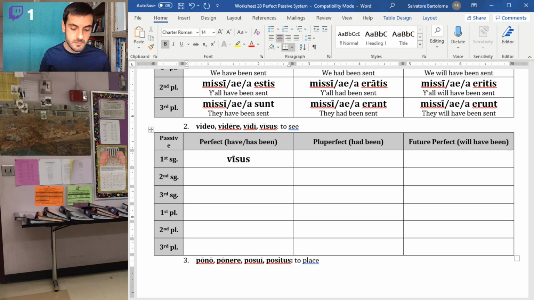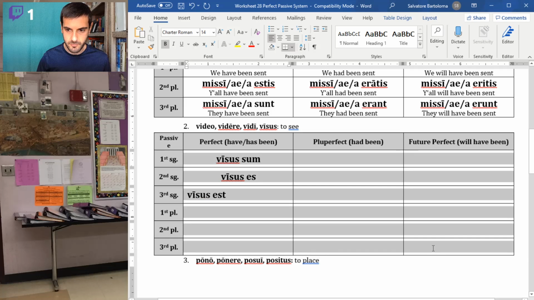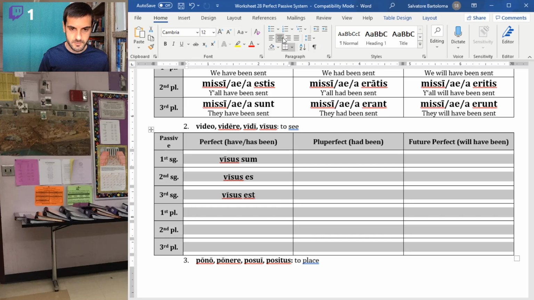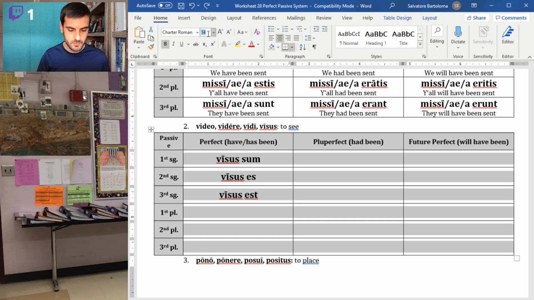I'm going to keep it masculine, so visus, and I'm going to pair it with sum. Visus sum and visus es. I think my formatting in these boxes is a little bit off, but see if we can fix it. Let's go.